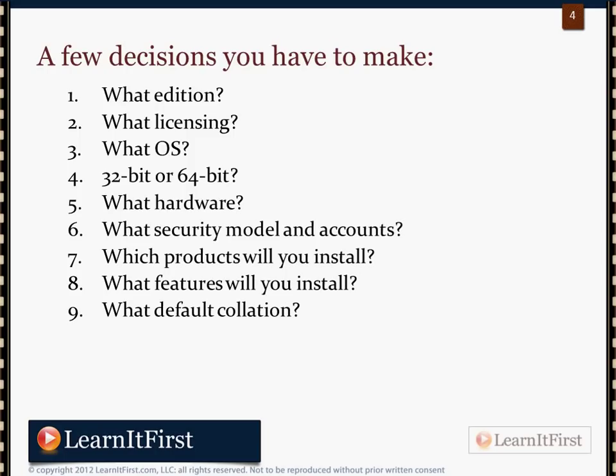I have listed 9 key decisions. Are there more? Of course, right? But these are definitely 9 that we have to cover, even at an intro level, okay? Now, some of the decisions that are not listed here that would be listed in the depth courses, if we're dealing with the database engine, are we installing this on a clustered server? Do we need to use always-on availability groups? Okay? Some of the decisions that we might have to make on a reporting server would be, do we install this as a standalone reporting server?